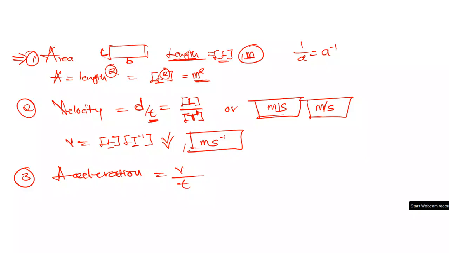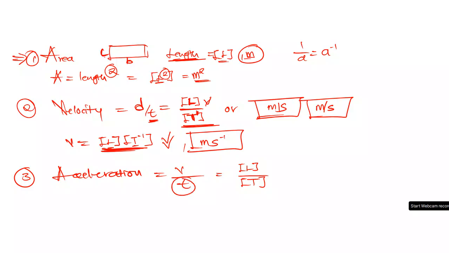How can you find the dimension for velocity? We know that it is given as this or this. You can choose anyone you are familiar with. In this case, let me use this one: the dimension for velocity is L over T.